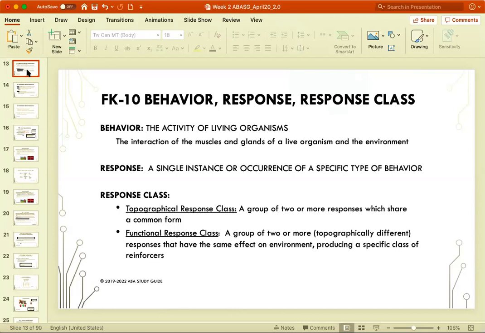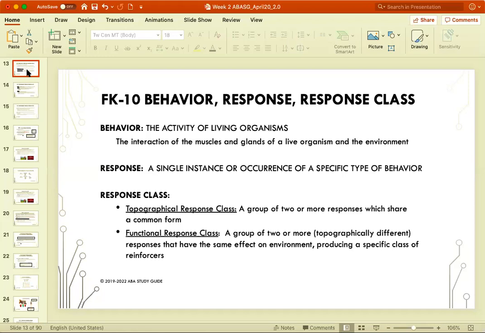Your behavior is the activity of living organisms. It is technically the interaction of the muscles and glands of a live organism and the environment. So it's the interaction of the organism and its environment. Your response is a single instance or occurrence of a specific type of behavior. So they're not AKAs. There are 2 different types of response classes.